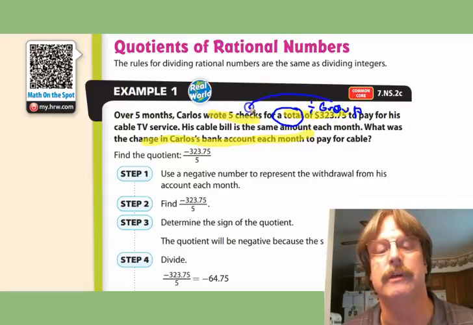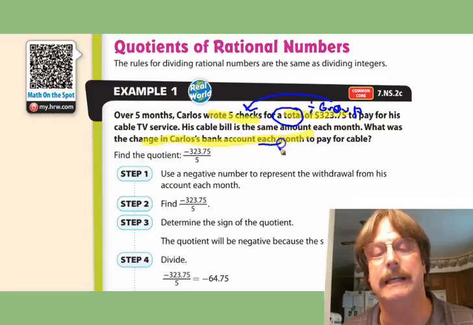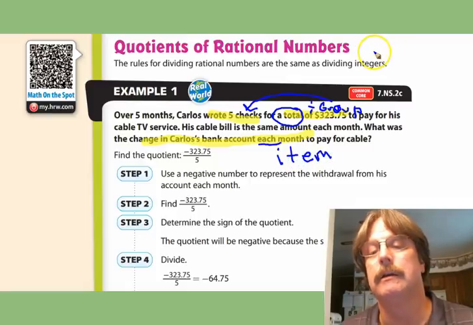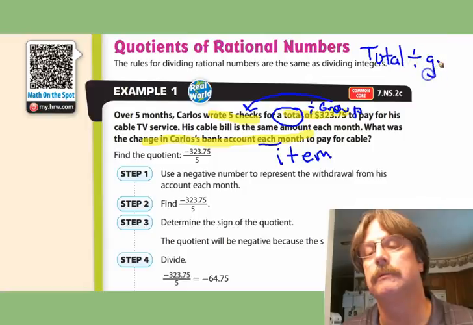Groups is this one right here, and that's each, and that's the item. So total divided by groups equals items.